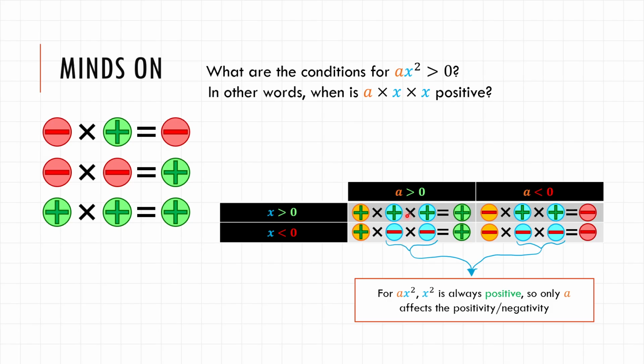And if x squared is always going to be positive, and then we multiply that by a, then really the only thing that affects the positivity and negativity is a. It's either going to be negative if a is negative, or it's going to be positive if a is positive.